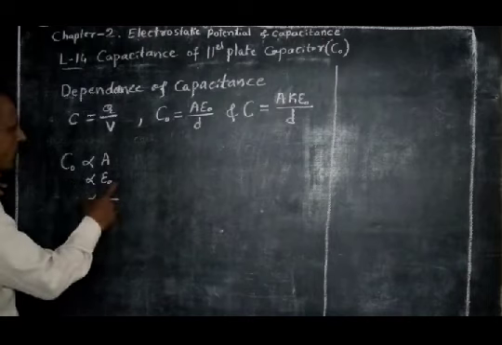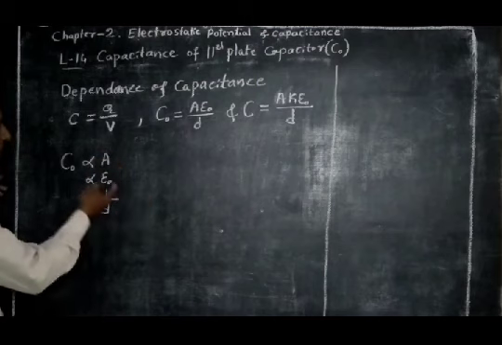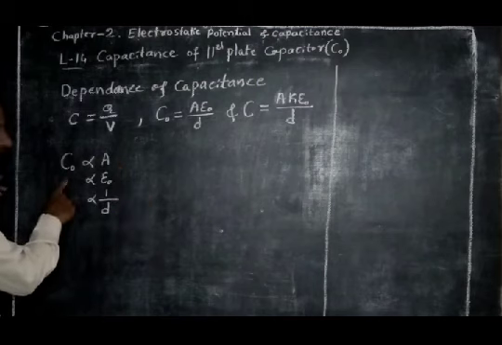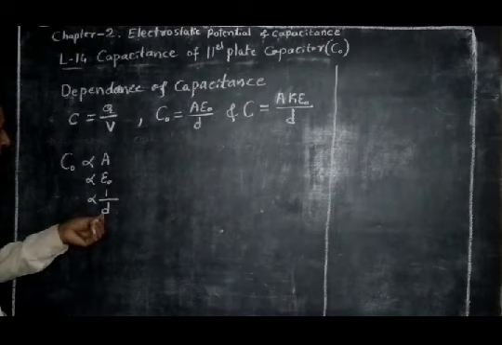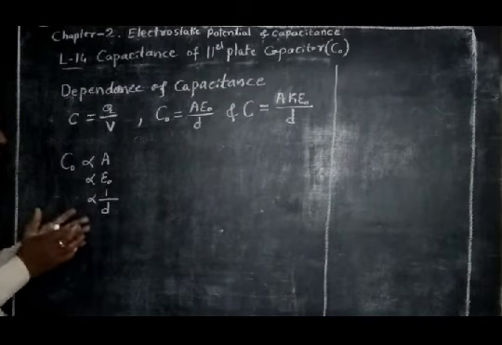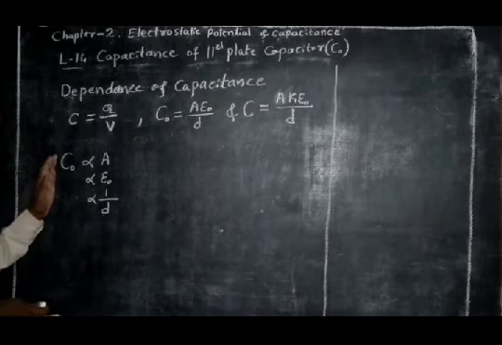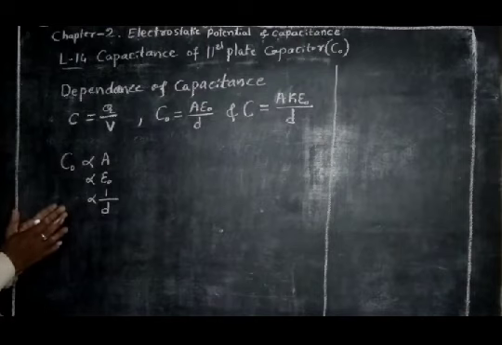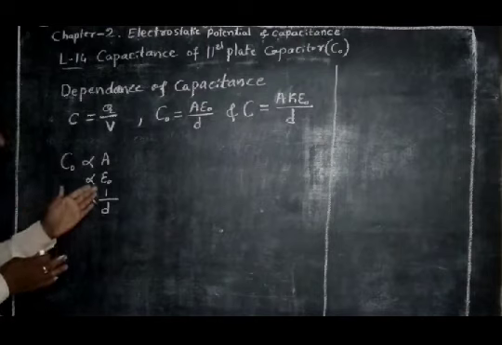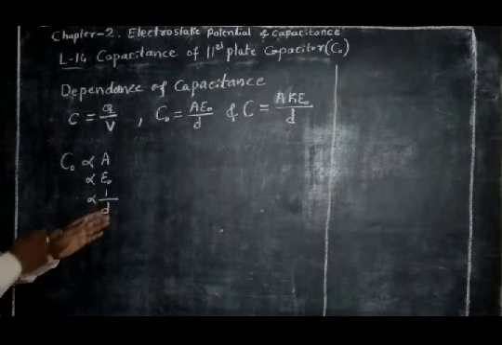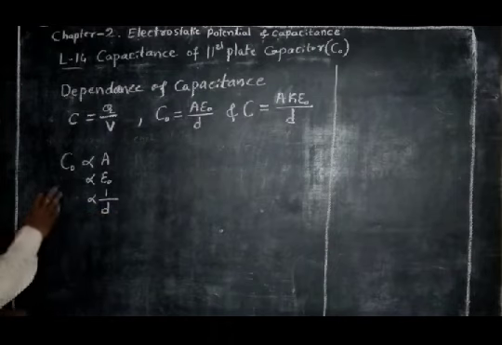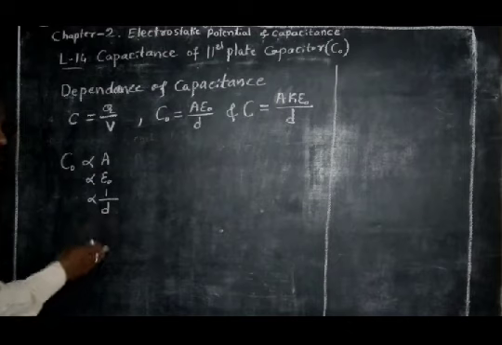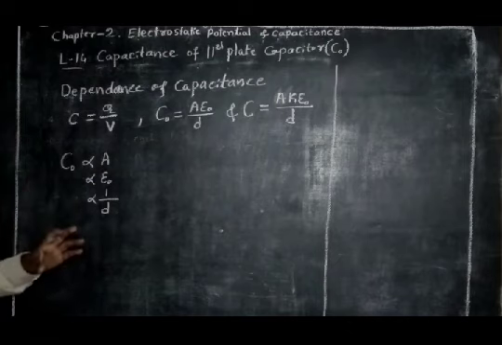As permittivity of the medium increases, capacitance increases, and as the distance decreases, capacitance increases, because capacitance is inversely proportional to distance between the plates.